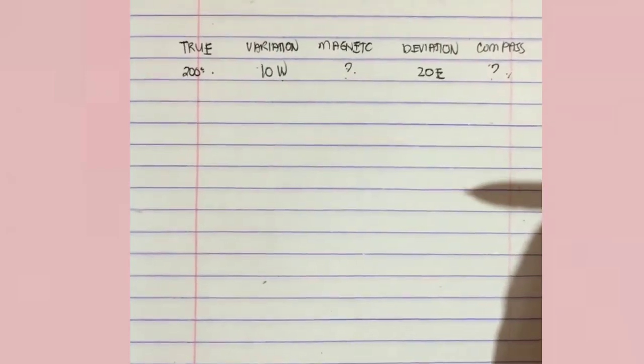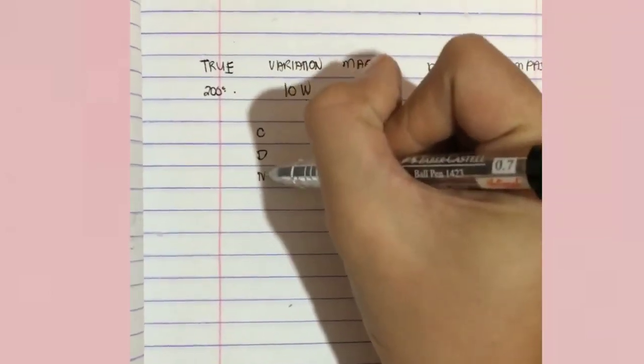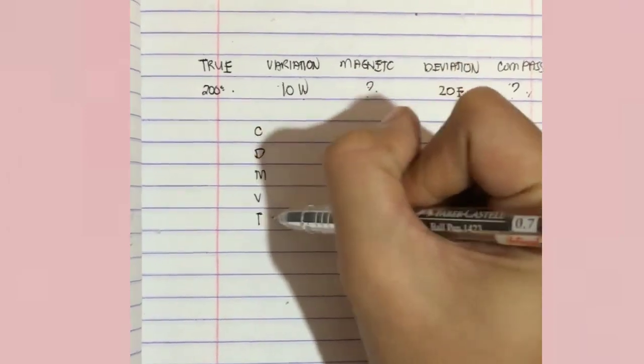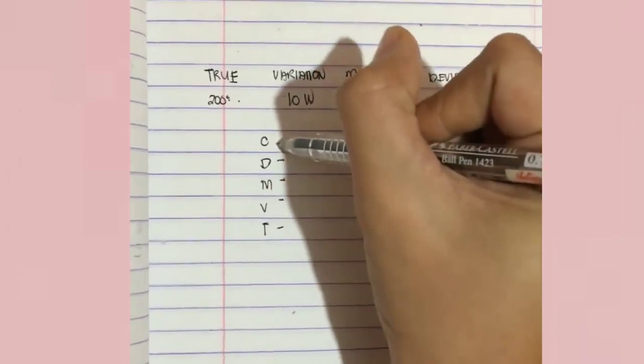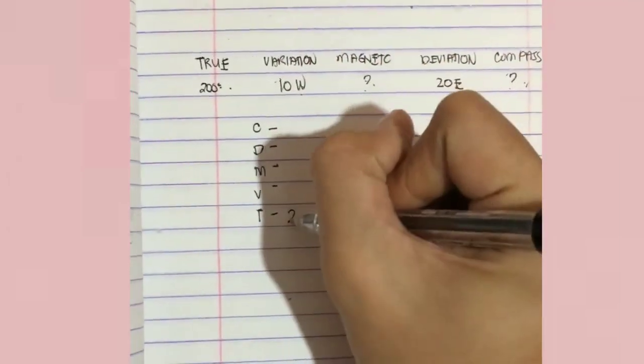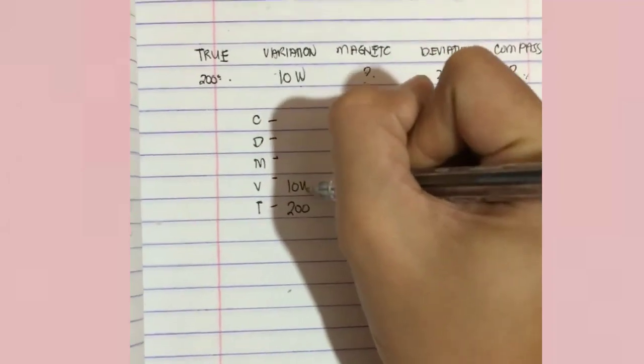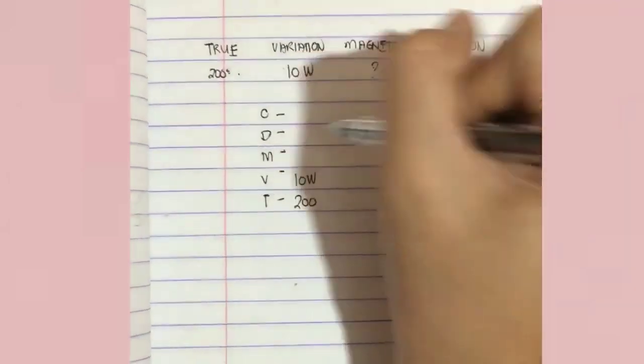Now I will show you my solution and you can check if your answers are correct. So C, D, M, V, T. Let us put the given values, which are 200 true north, variation is 10 west, and the deviation is 20 east.